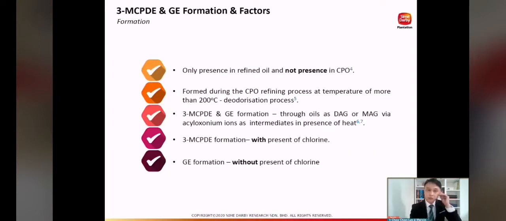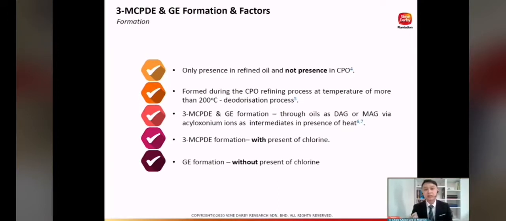Next. So in general, these are the things that we need to know in terms of formations of the 3-MCPD and GEs. First thing first, 3-MCPD and GE are not present in the CPO. 3-MCPD and GE actually form in the refined oil during deodorization at high temperature.